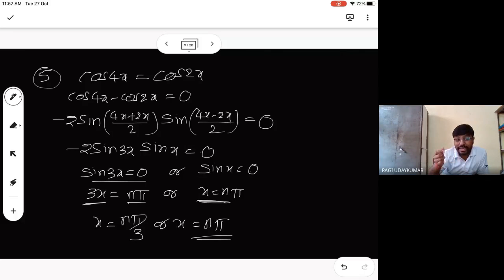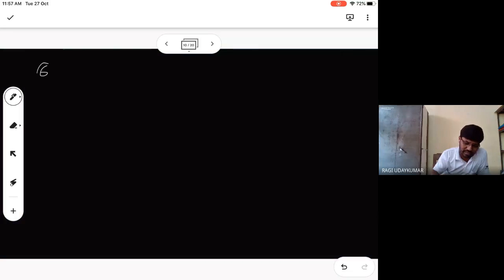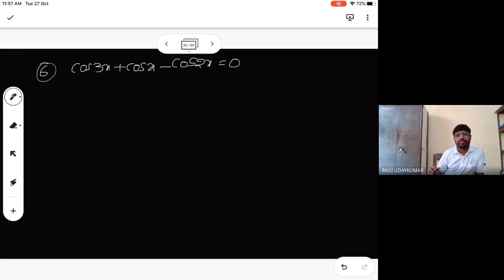Here 3x plus x is 4x by 2, 2x will come. So after 2x comes, you can take the common. This problem is important, I will explain. Sixth problem, a little fast. I think it is not very difficult. Cos 3x. Will you try? You try these problems, and some problems in the miscellaneous exercises. Then we'll discuss in the next class tomorrow.